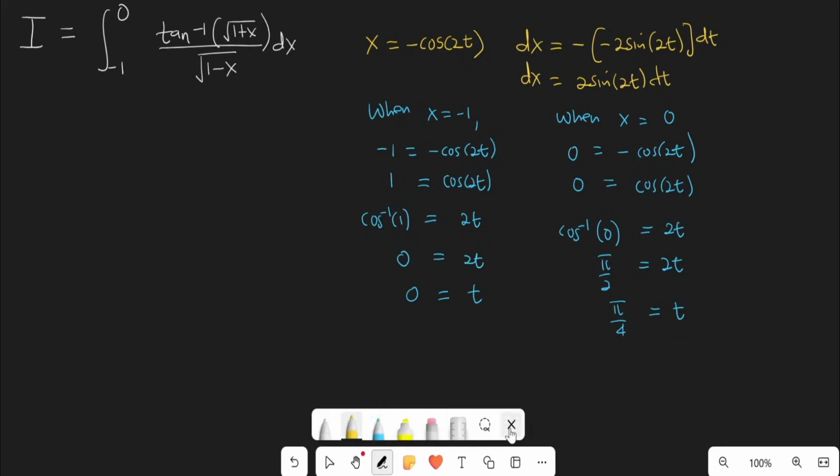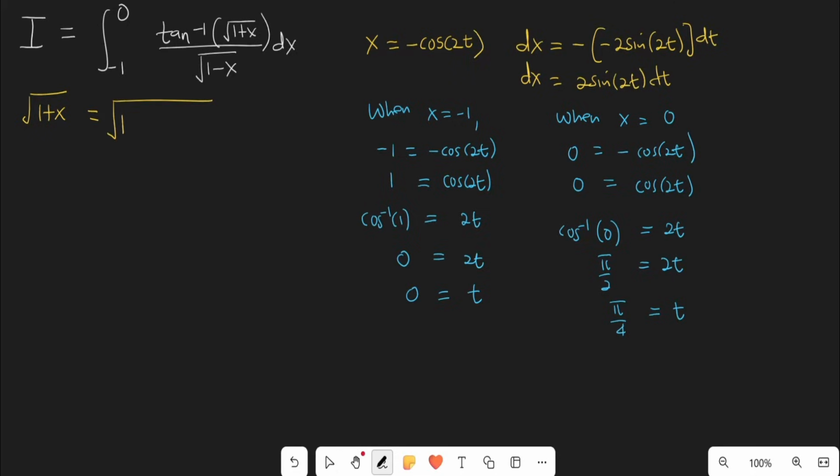So now let's try to find an expression for the square root of 1 plus x in terms of t. This is equal to the square root of 1 plus x, and x is minus cosine of 2t, so that is going to be 1 minus the cosine of 2t. From the double angle identities, we know that cosine of 2t is the same as the cosine square of t minus the sine square of t.